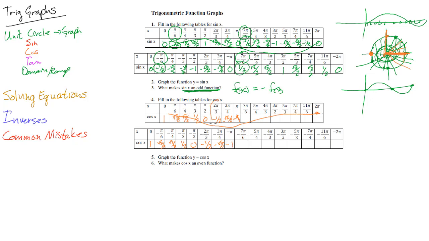Notice that this guy and this guy have the exact same value, which kind of makes sense. If you go to an angle up or down here, the x value is exactly the same. That is what makes an even function. When you stick in a negative value and you get the same value back.